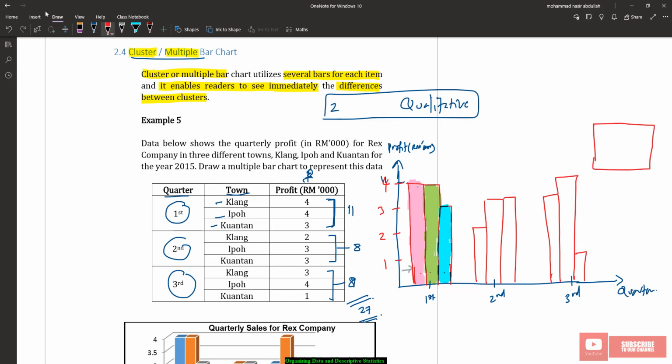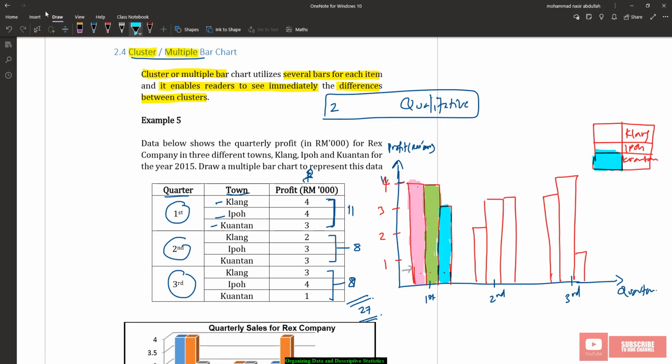So you can choose where you want to place the legend lah. Legend should include the name for town, right? The name that we cluster. Dalam satu bar ni kita clusterkan kepada sub cluster ni. We have Klang, Ipoh and Kuantan. So this is a Klang, Ipoh and Kuantan, right? So this one Kuantan, you should colour lah, bagi tahu dia punya indicator.